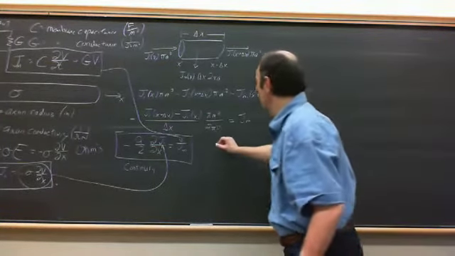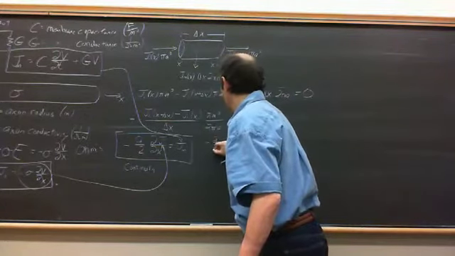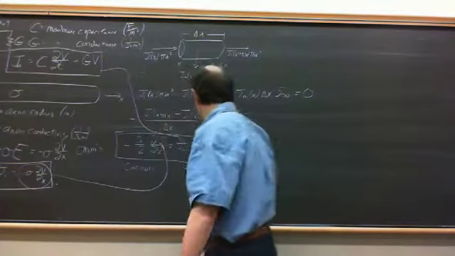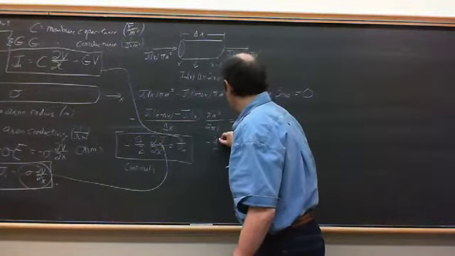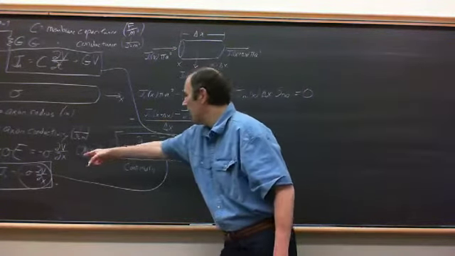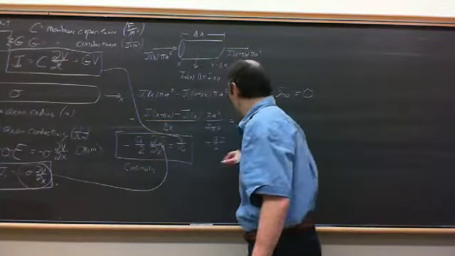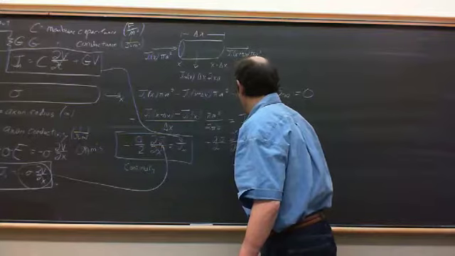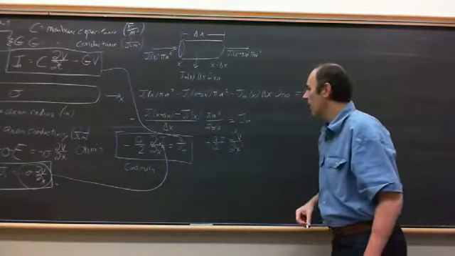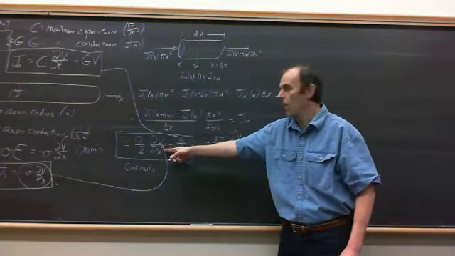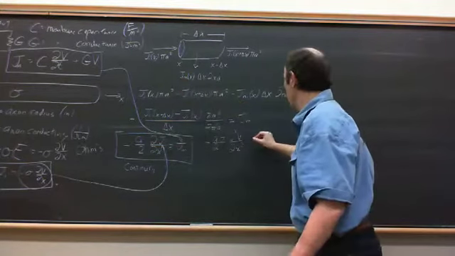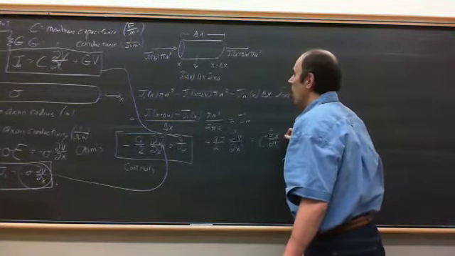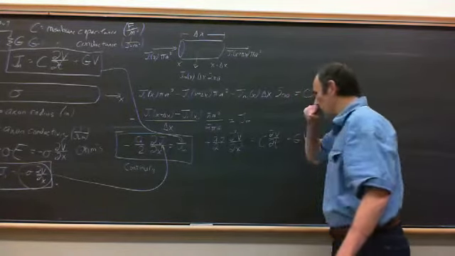We're going to get a minus a over 2. This is a derivative of, there's another minus, so I'll make it plus, and there's a sigma. And there's a derivative of V there, and there's another derivative, so you get two derivatives. So the left-hand side is going to be this, and the right-hand side is just going to be what we have up there: C dV/dt plus GV.